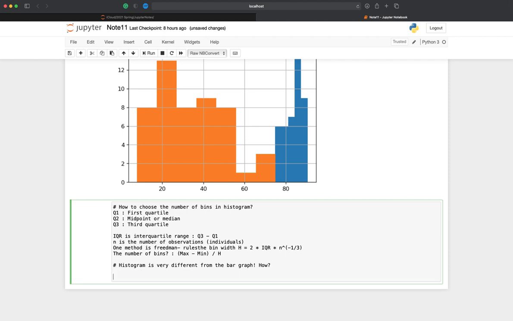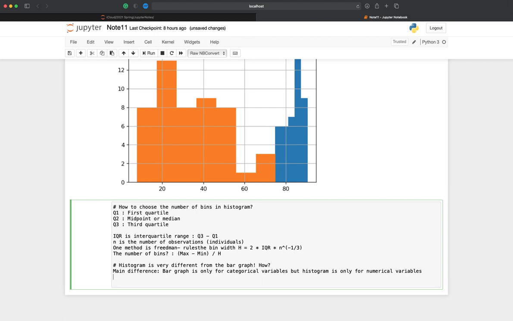The main difference, let me write it down here. The main difference is that a bar graph is only for categorical variables, but a histogram is only for numerical variables. These are very important.